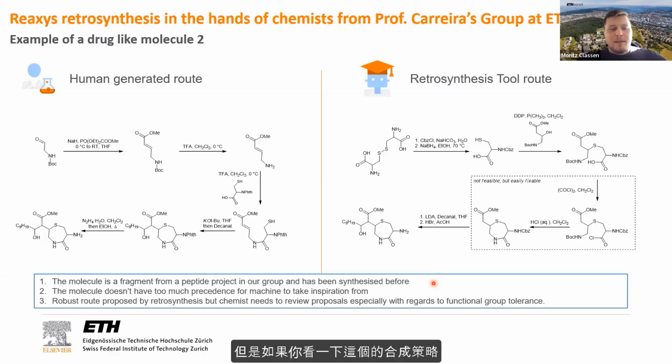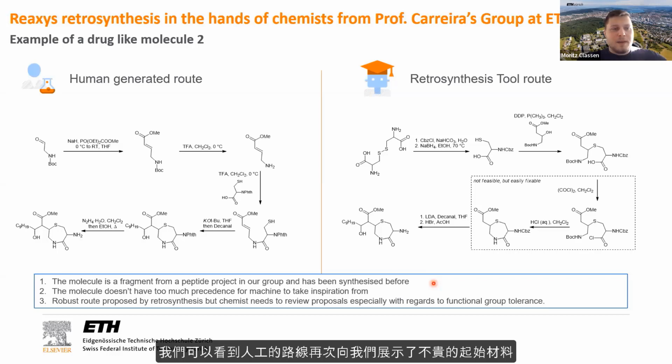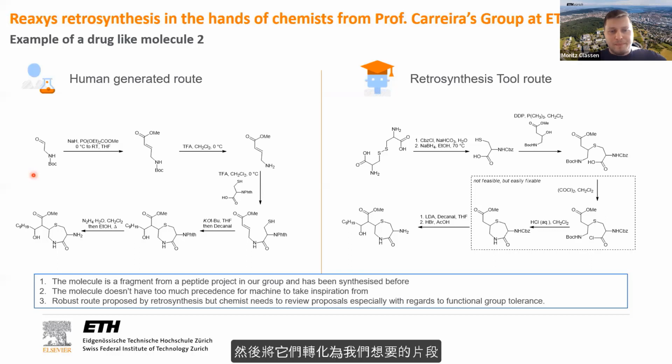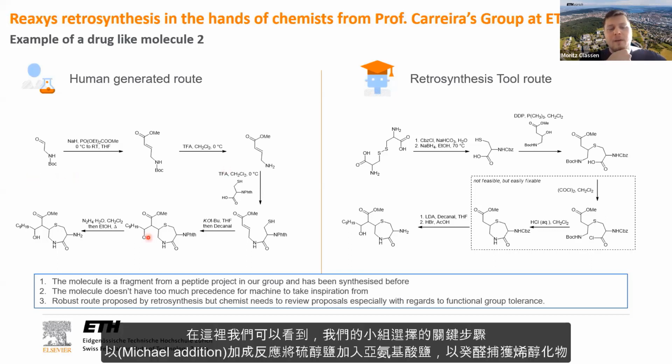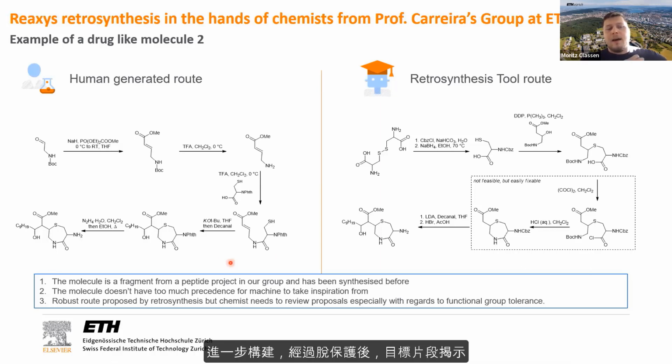If you look at the synthesis of this, we can see that the human route again chooses inexpensive starting materials and then transforms them to the fragment here. We can see that the key step chosen by the group here is this Michael addition of a thiolate and then trapping of the resulting enolate with an aldehyde in order to construct 2 bonds in one step. And then after deprotection, the fragment is revealed.